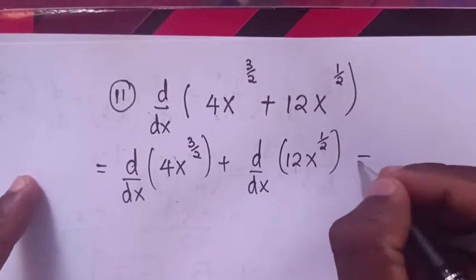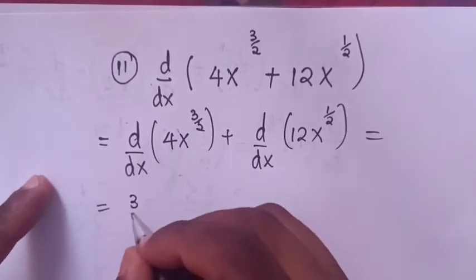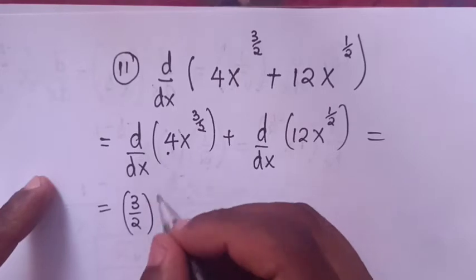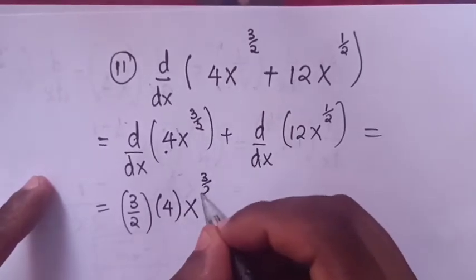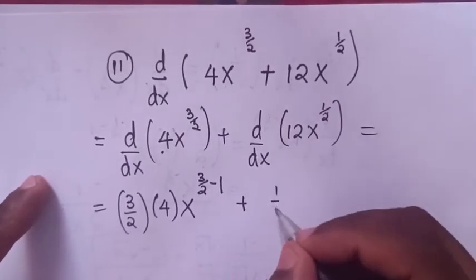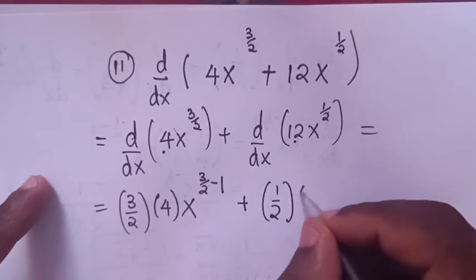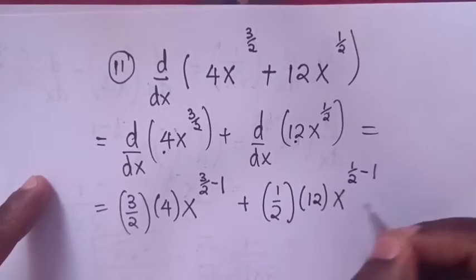with respect to x. So it will equal our exponent, 3 over 2, times our coefficient, 4, times x to the power of 3 over 2 minus 1, plus our exponent, a half, times our coefficient, 12, x to the power of a half minus 1.